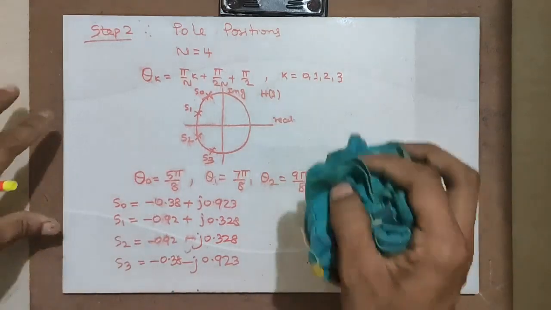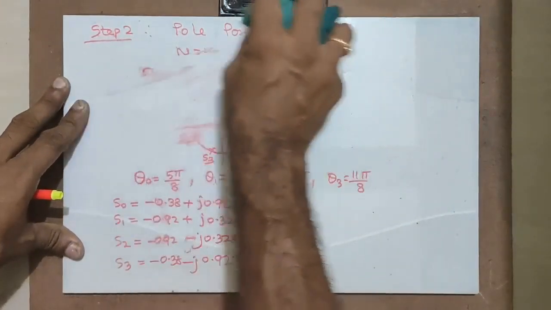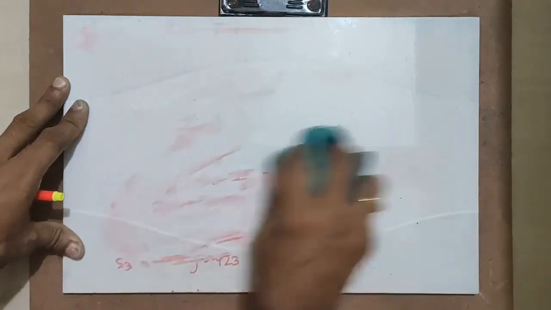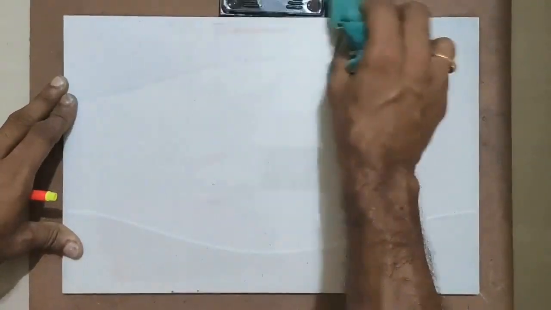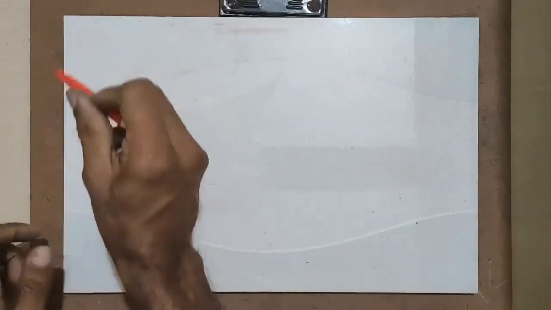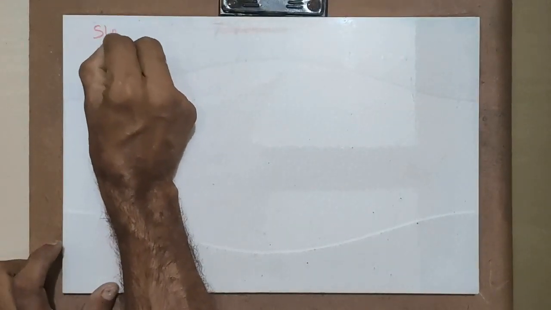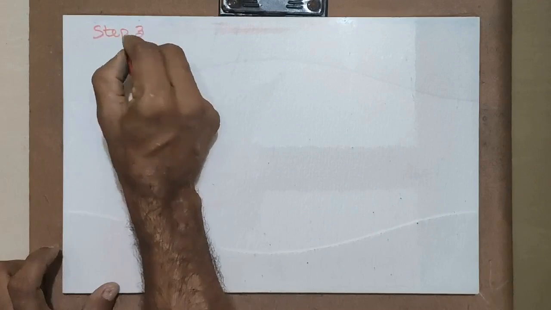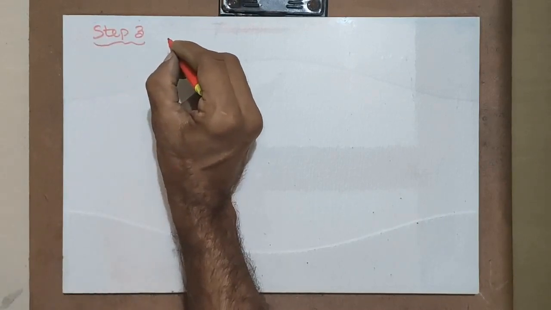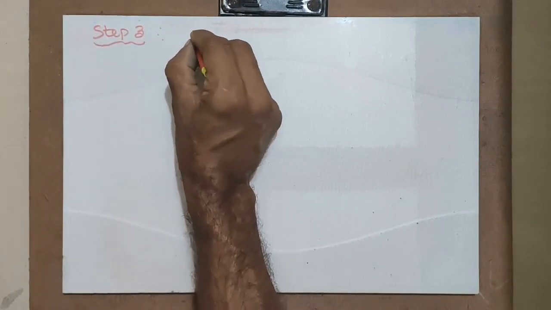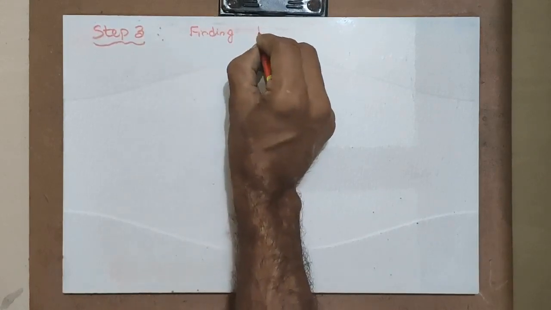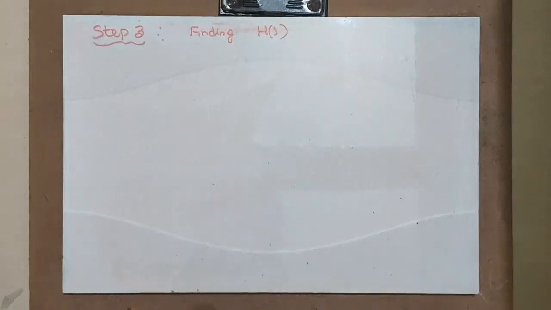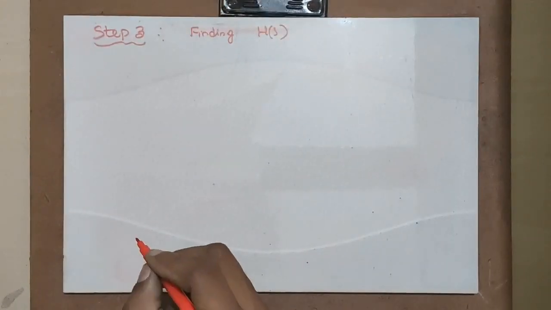Let us go ahead with step 3 now, where you are finding H of S. Step 3 is about finding H of S, what we call the filter transfer function.